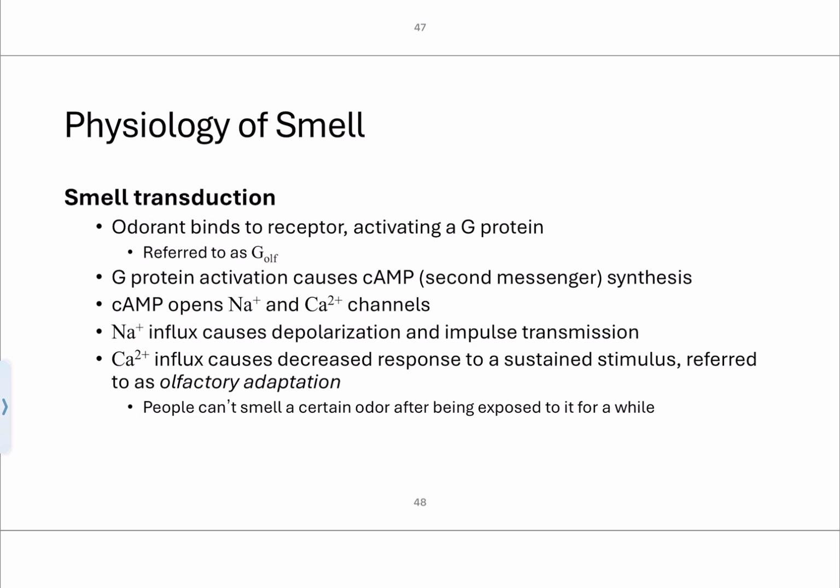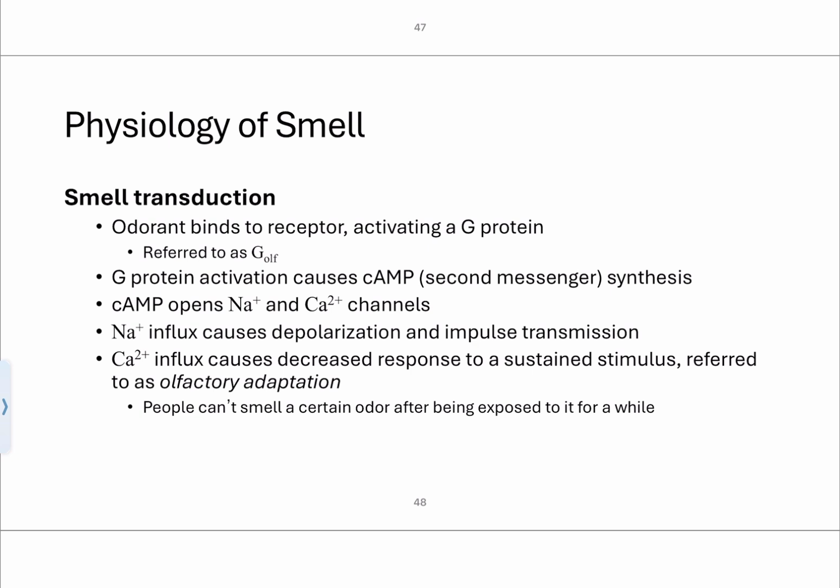So once we have an odorant that's coming in and it binds to a receptor, this is going to activate G proteins. When we're talking about G proteins in relation to our sense of smell, we use a subscript OLF to represent olfaction.